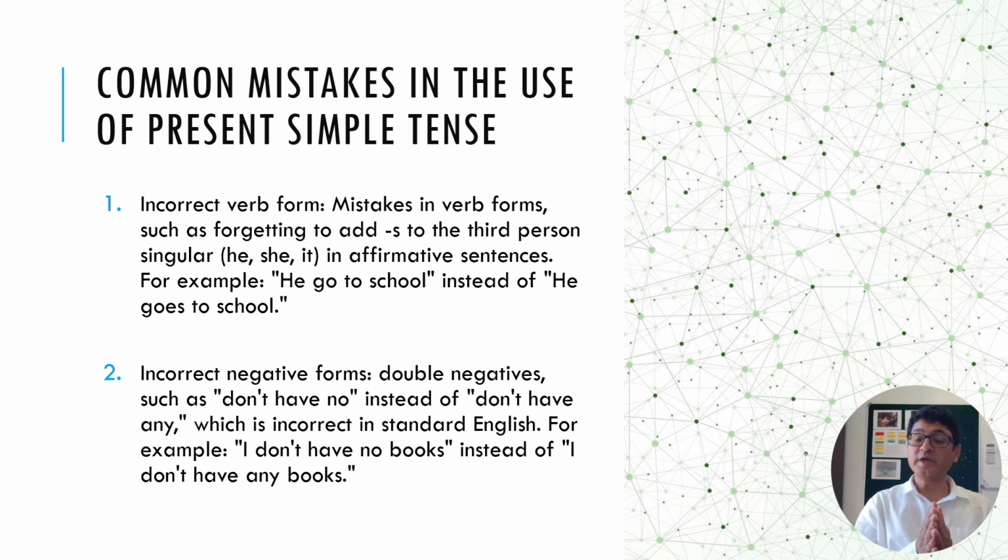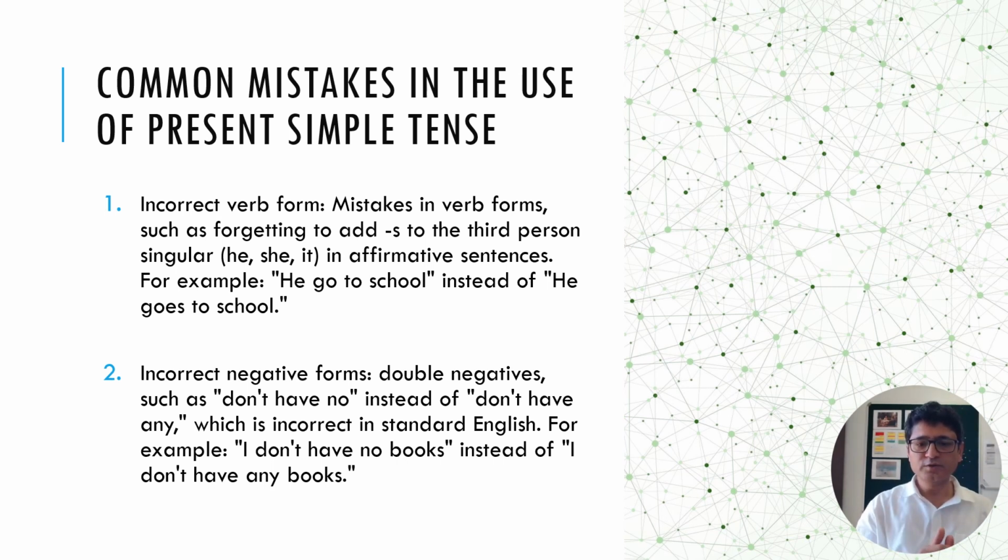And we also make mistakes in using negatives. So incorrect negative forms, sometimes we use double negatives. For example, don't have no instead of don't have any. Now, you might have heard in some English, I don't know nothing. They also use double negatives, but when we are talking about standard English, double negatives are incorrect.